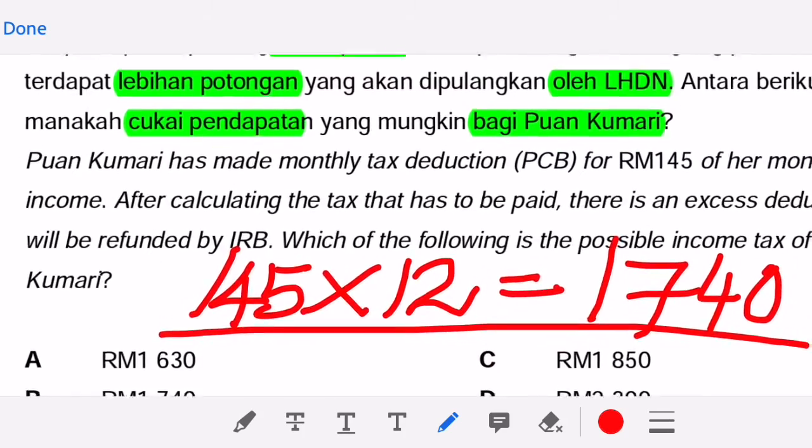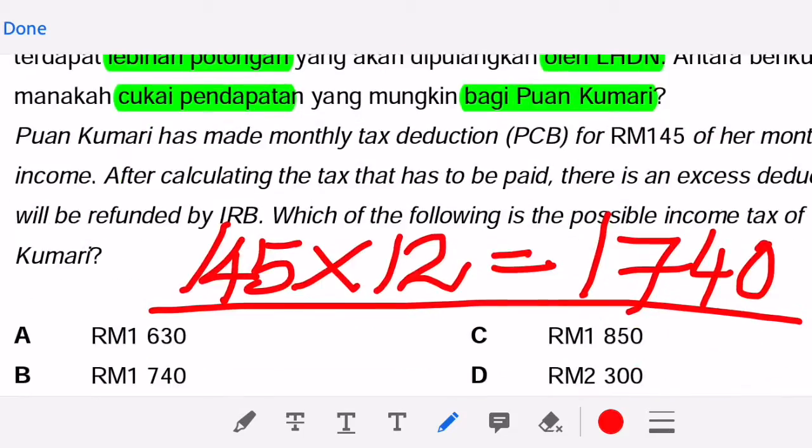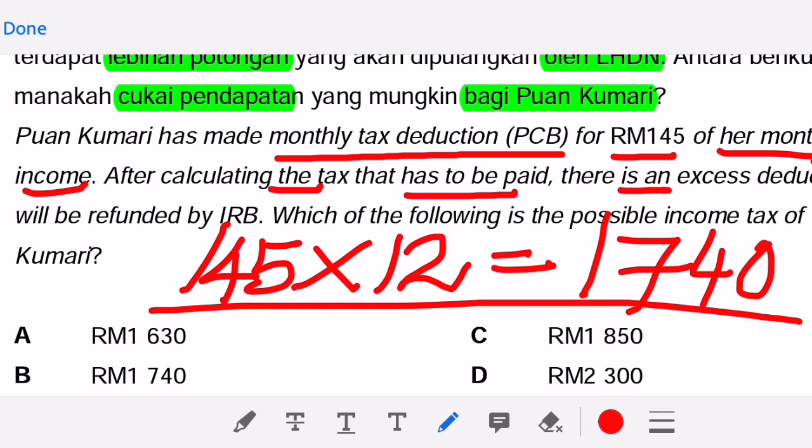So after 1 year, Puan Kumari has made monthly tax deduction PCB for 145 of her monthly income. After calculating the tax, normally after calculating the tax is after 1 year have to be paid. There is an excess deduction.